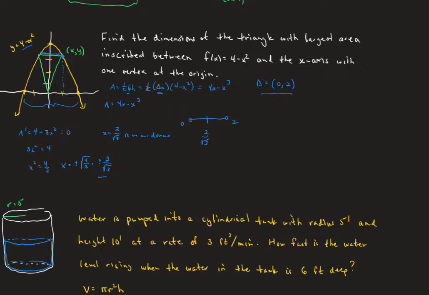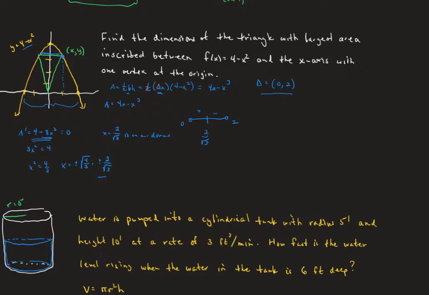So as we look at that derivative, if we plug in something less than 2 over the square root of 3, say maybe 1, then 4 minus 1 is going to be positive. If we plug in something closer to 2, then this minus 3x squared is going to be bigger than the 4, and this is going to change to being negative.